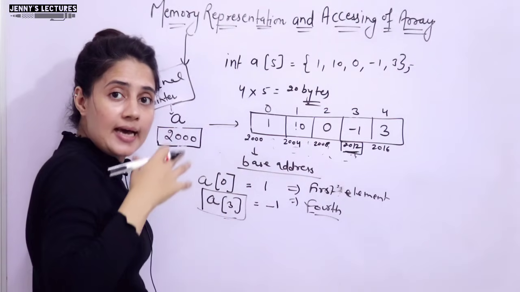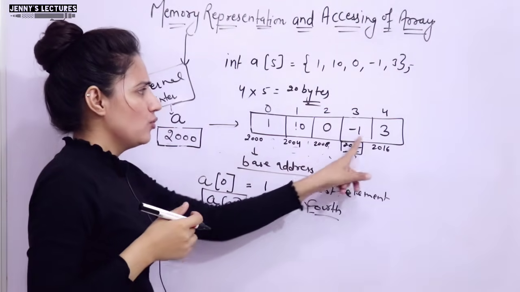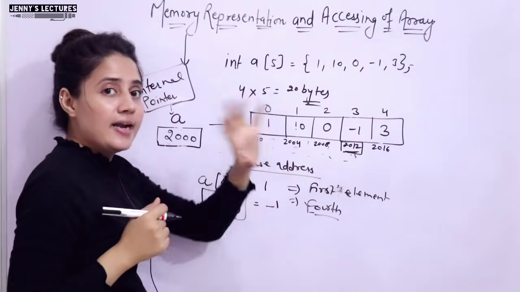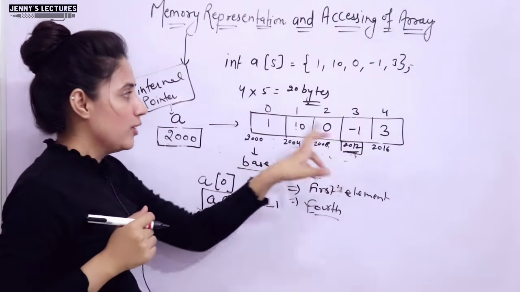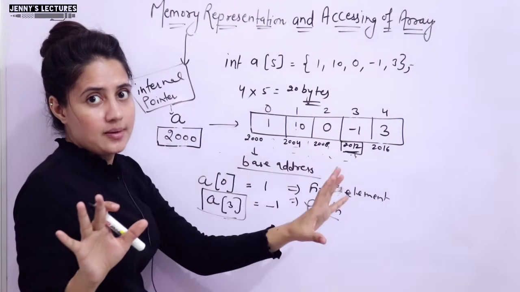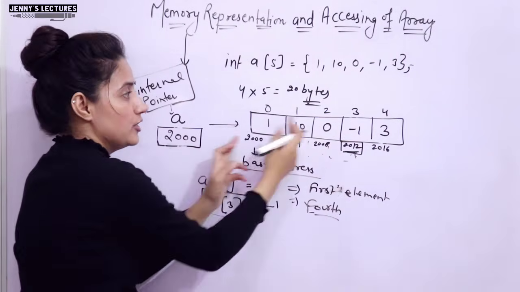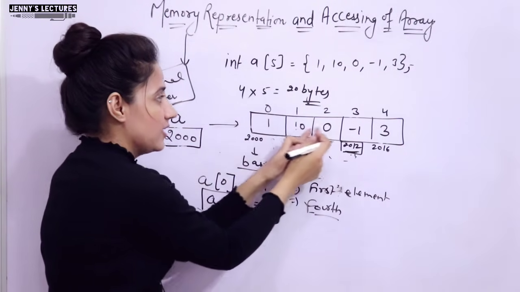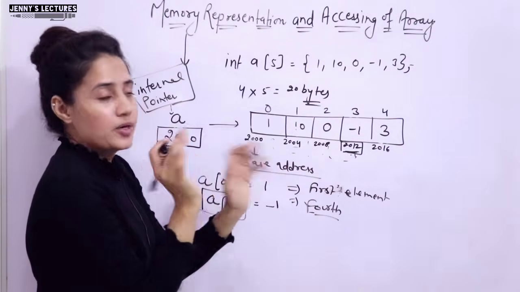No, you can directly access any element of the array. This is the plus point of the array, because random access is possible. Random means you can access any data item of the array in constant time. You don't have to go sequentially. Directly you can access.